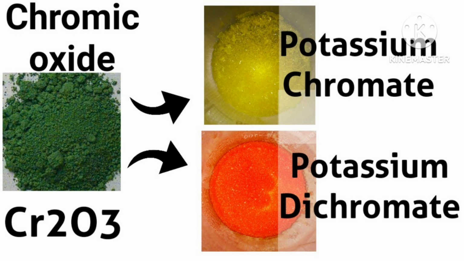Now come to potassium dichromate. Potassium dichromate is used as a primary standard in volumetric analysis.